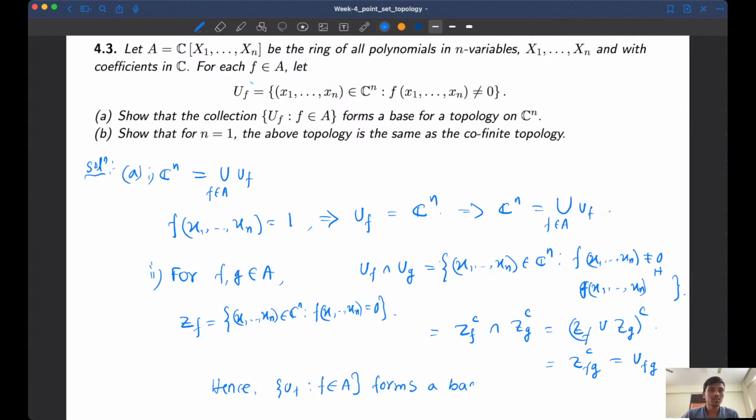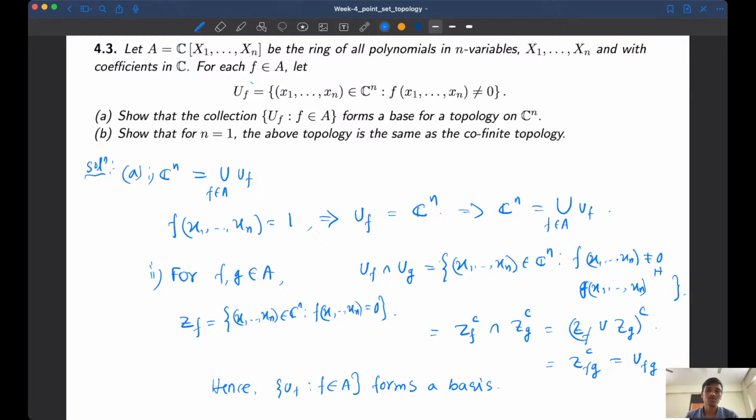For the second thing, it almost follows from this one: for n equal to 1, the topology generated by this basis is actually the cofinite topology. For n equal to 1, UF is all points of C, basically all complex numbers where the function value is non-zero. That means the complement of the zero set of that polynomial. But any polynomial in C has finitely many roots, namely the number of roots is exactly the degree.